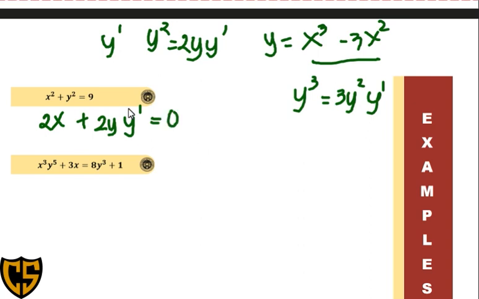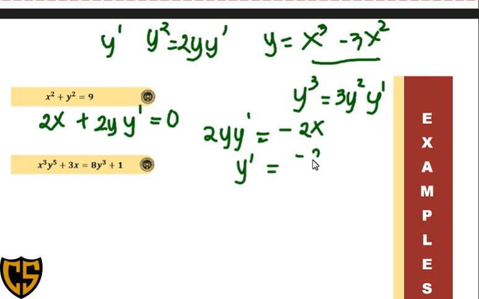This time, pangitaon ta ang value sang y prime. So, we have 2y y prime, dari sa left. So, sa iluhon, ta ang aton nga 2x, it will be equal to negative 2x. Then, para makuha ta ang value ng y prime, divide ta by 2y. So, this will be equal to negative 2x all over 2y.